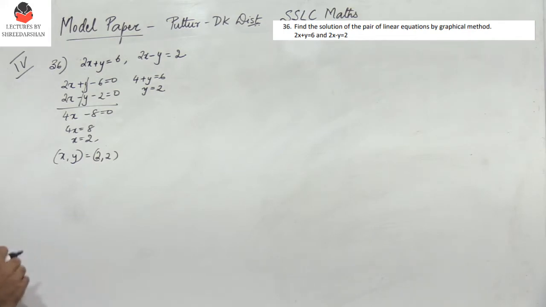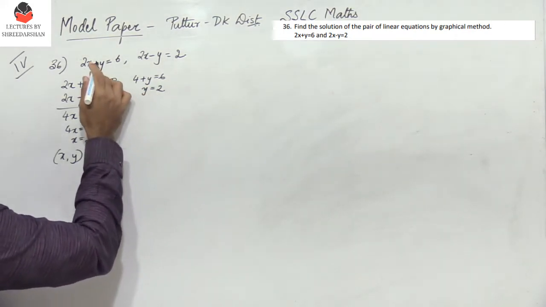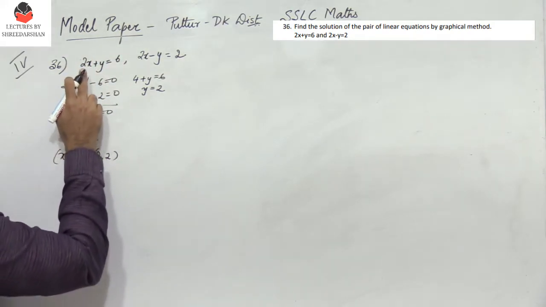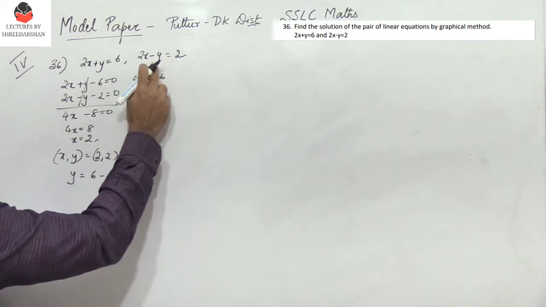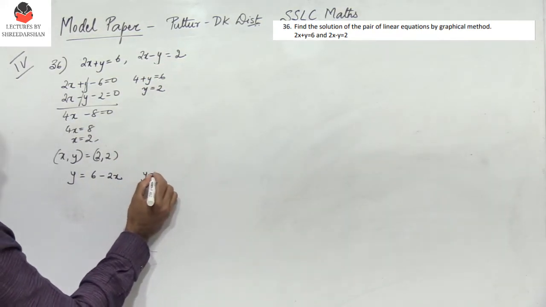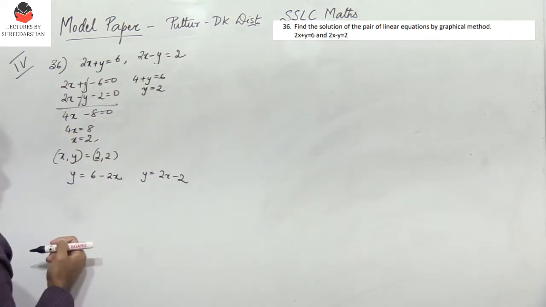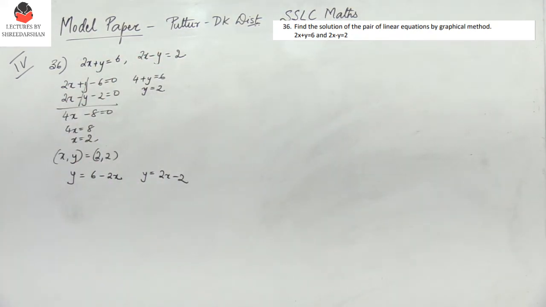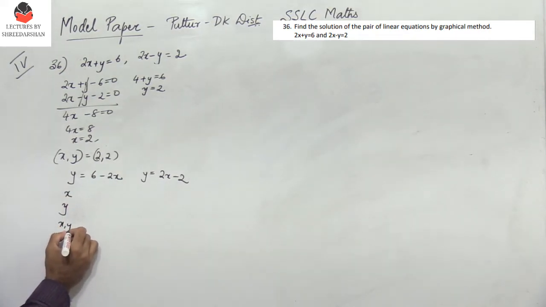So we have the solution x comma y equal to 2 comma 2. To find the solution using graphical method, find out y in terms of x. So I have y equals 6 minus 2x, and for the second one I have y equals 2x minus 2. That means I'm taking y to RHS, bringing 2 to LHS. So for the first one I have x, y, x comma y.